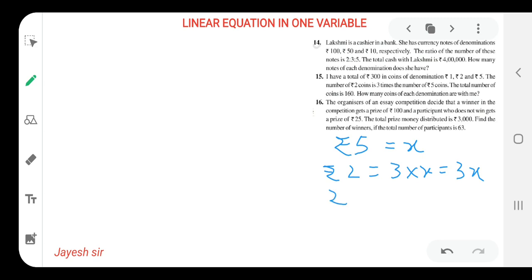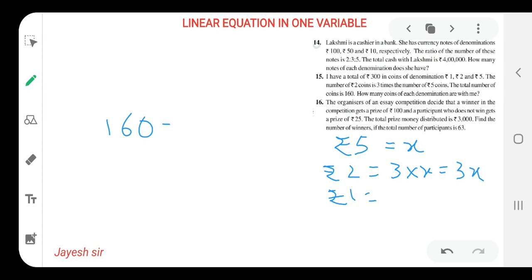Now we are left with the 1 rupee coin. We don't know the value of the 1 rupee coin. What can we do to find it? The total is 160, we know. If we subtract the 2 rupee and 5 rupee coins from 160, will we be able to get the answer for the 1 rupee coin?